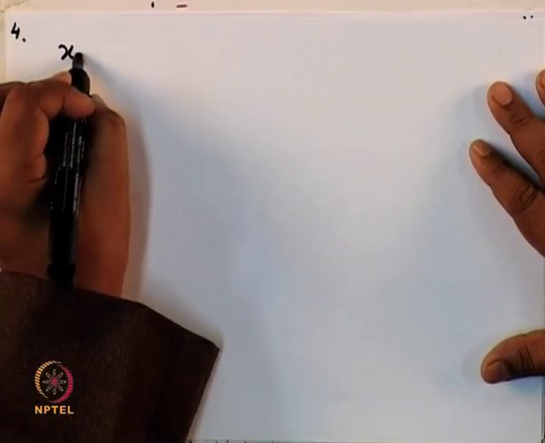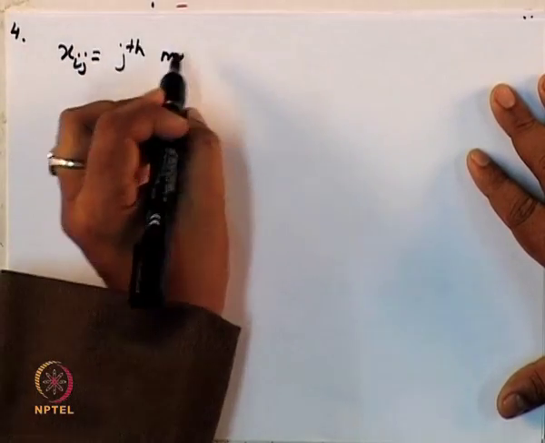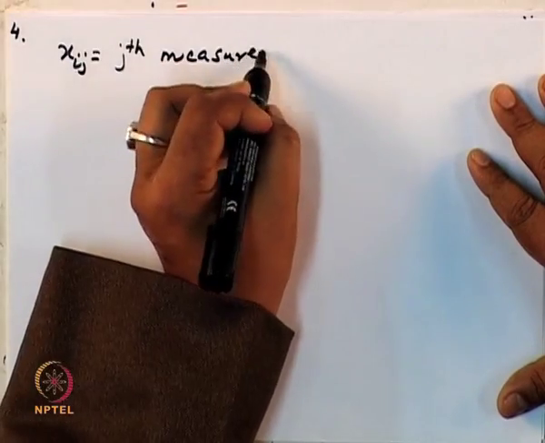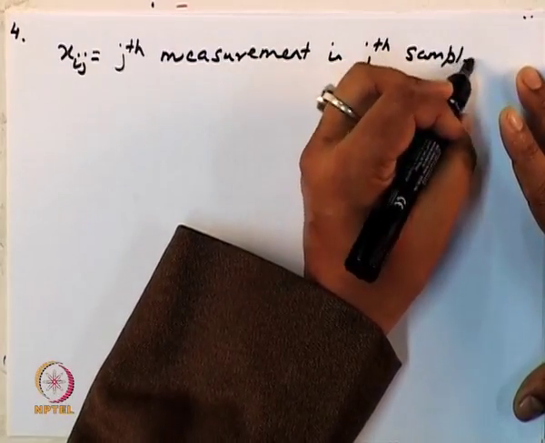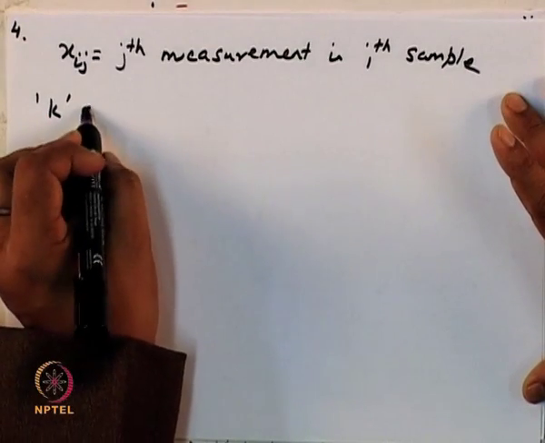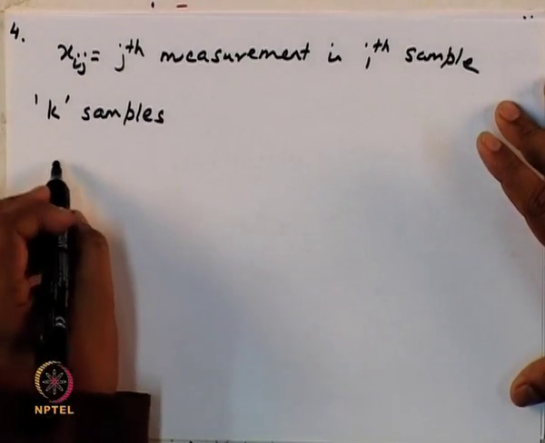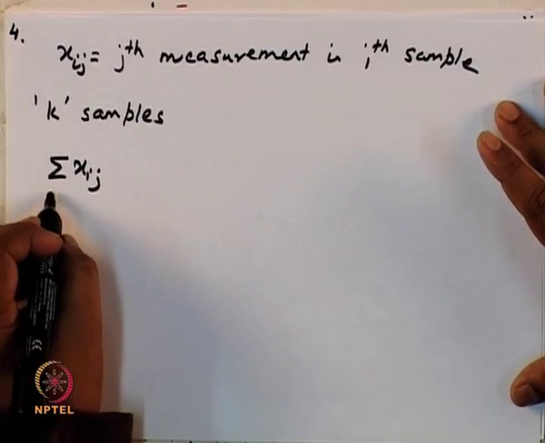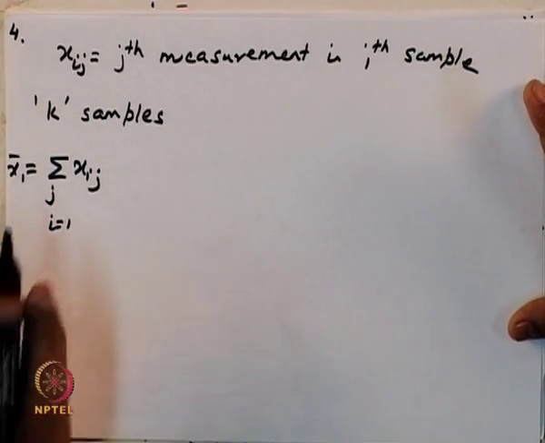So, in ANOVA, let us say xij corresponds to the jth measurement in the ith sample. In short, you have, let us say, k samples corresponding to k populations. You can do summation of xij for all j, given i equal to 1 or 2. Then you will have the value of x1 bar.